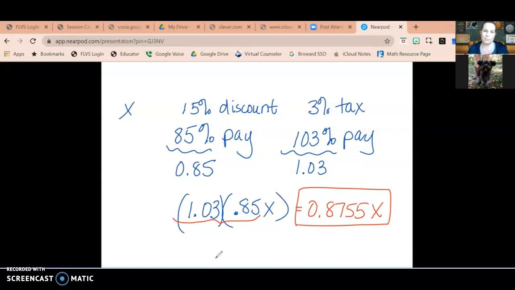Or you might put the 0.85, then the 1.03, then the x. Also fine, because multiplication is, drumroll, commutative, right? We talked about the commutative property way early on. It means that I can move the numbers around and change the order and it doesn't change the answer. And I can do that with multiplication.